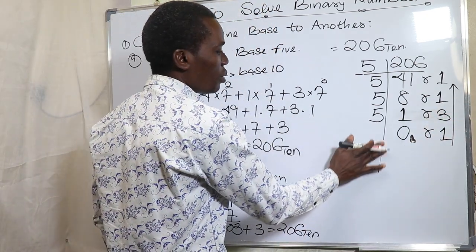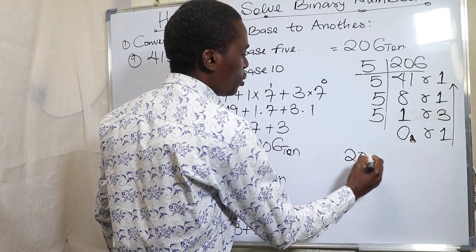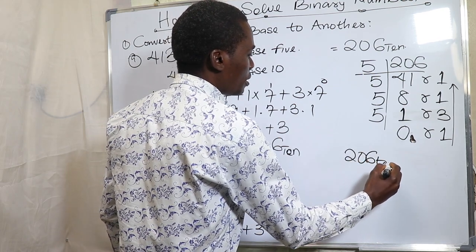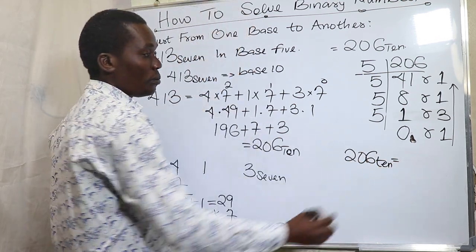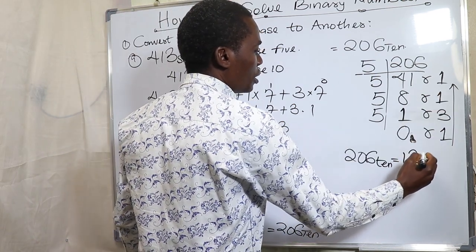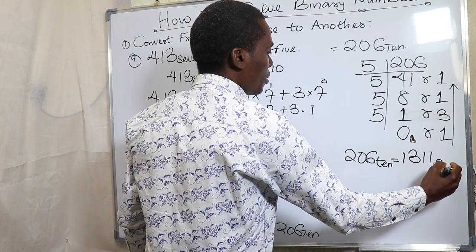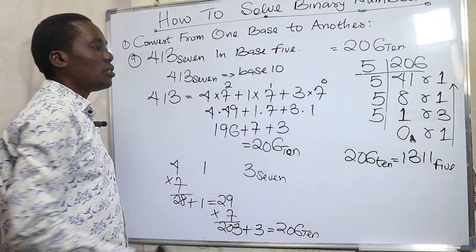When we count that from below to the top, we're going to have 206 in base 10 equal to 1311 in base what? In base 5. That is the base given to us.